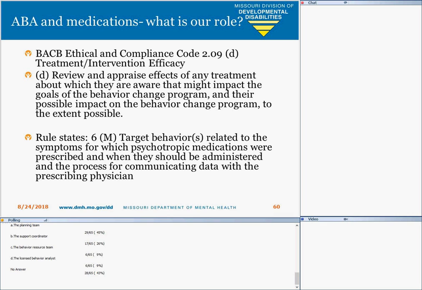As soon as you know about it, the behavior plan needs to change to include those target behaviors, if they aren't already there, something that we measure. So that's a very good question, and I should hope that you've identified that in the functional assessment, but in case you missed it, or in case the medications change afterwards, then you would pick that up at that time.